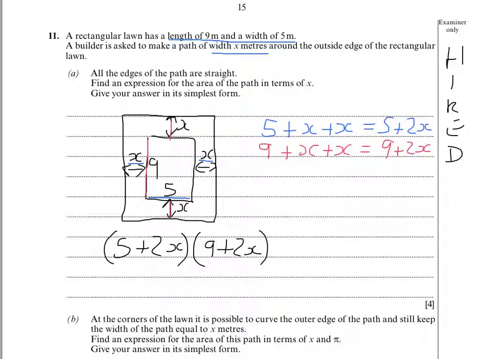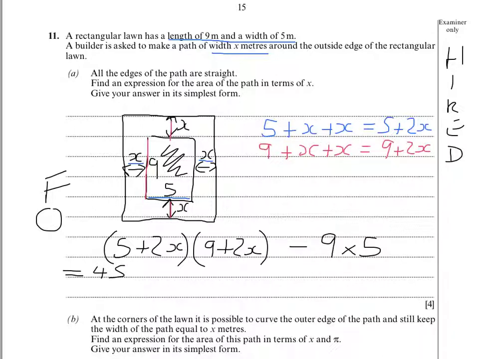And at the end we need to remember that we're not including that part in the middle of the rectangle because that's not our path. So we're going to have to take away the area of that, which we know is 9 times 5, our width times our length. So first of all, using FOIL then, we've got our firsts, so that's the 5 times the 9, so we've got 45.